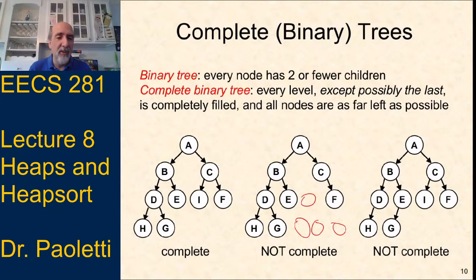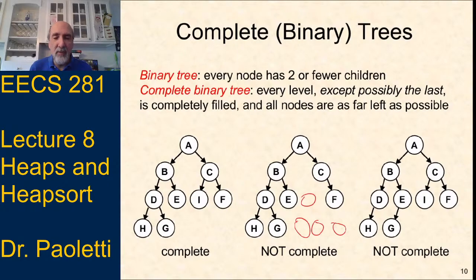Every level is filled except possibly the last. We say possibly the last because if we look back at our complete binary tree on the left, if H and G didn't exist, then every level would be completely filled. But the last level is the one that has the possibility of not being completely filled.